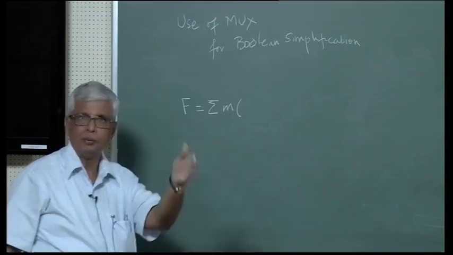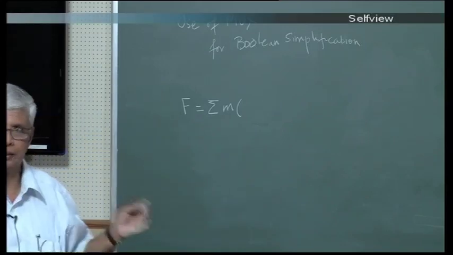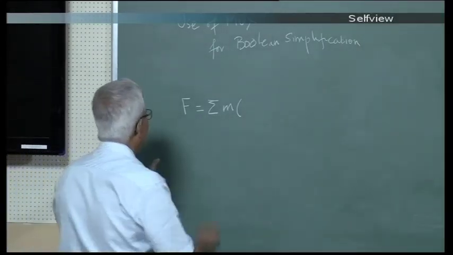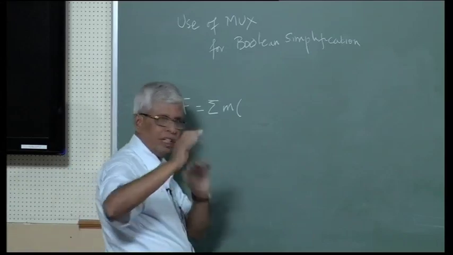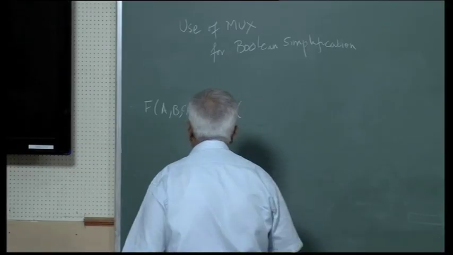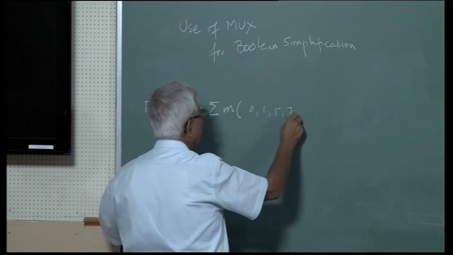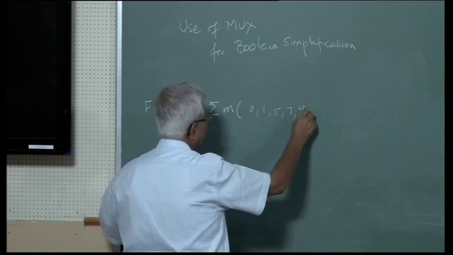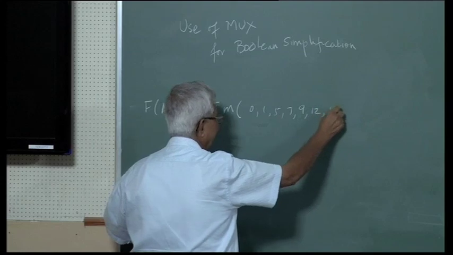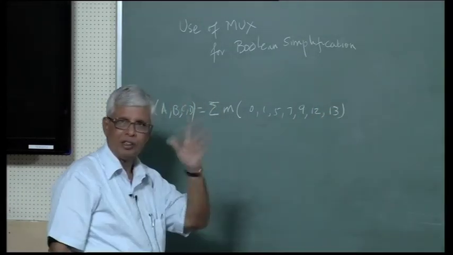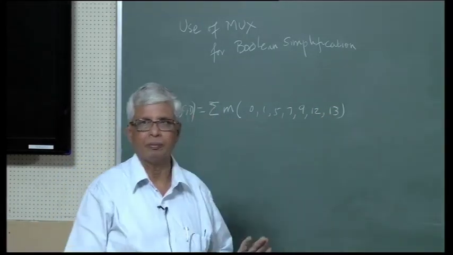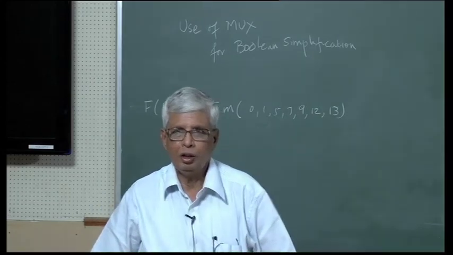Sigma m, you know what it means. The following minterms are present when I say sigma m, and I will use 4 variables. F of ABCD is sigma 0, 1, 5, 7, 9, 12, 13. Simple, anything, arbitrary. I have no function in mind, I just wrote arbitrarily. How do you simplify it?